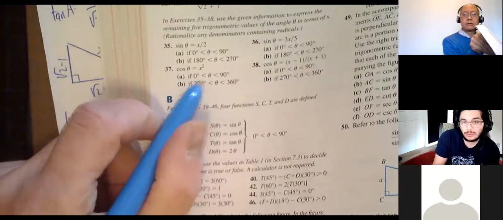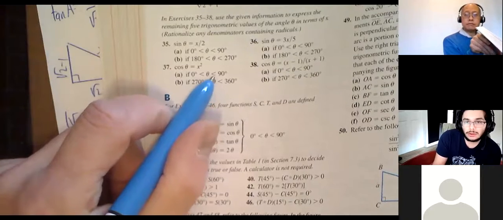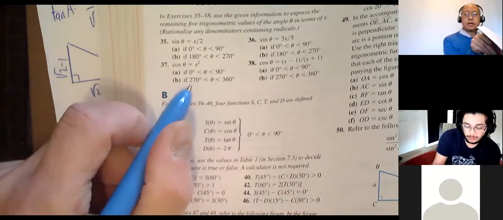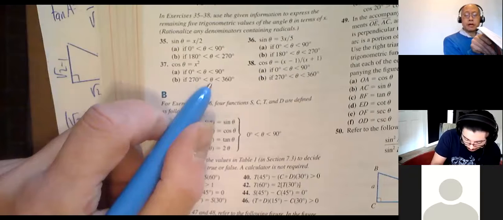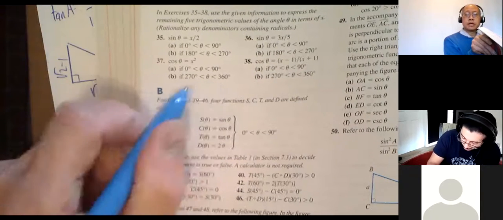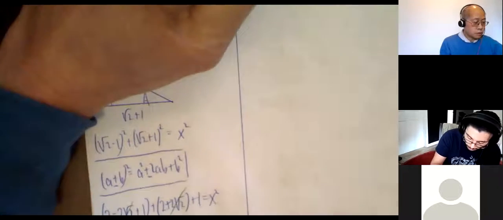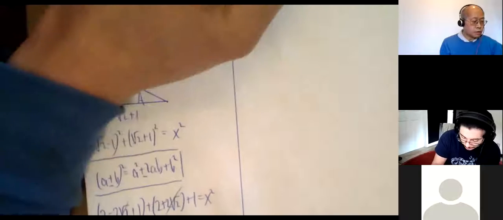A, theta is between 0 and 90 degrees. Quadrant 1. B, what quadrant am I in? Theta is between 270 and 360 degrees. That's quadrant 4, right? So A, I'm in quadrant 1. B, I'm in quadrant 4.